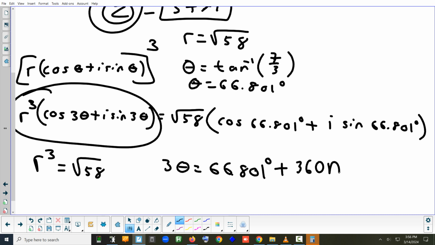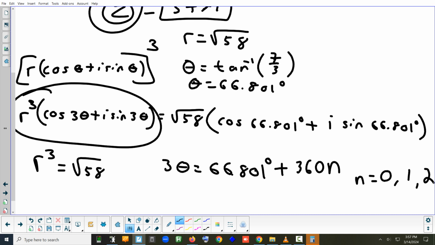Now, what are the values of n going to be in this case? Because we're doing a cube root, it's going to be 3 numbers. What number do we always start with? 0. That's the first one. They go up by 1. So it would be 1, and then 2. Okay. So we need to plug in 0, 1, and 2 for n.